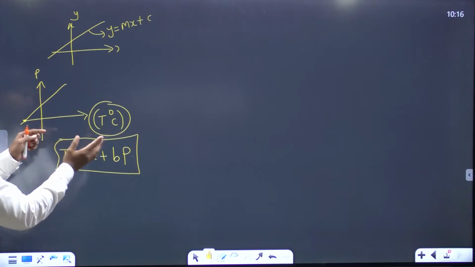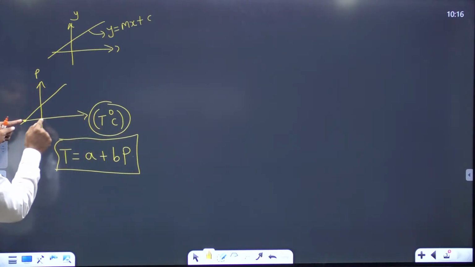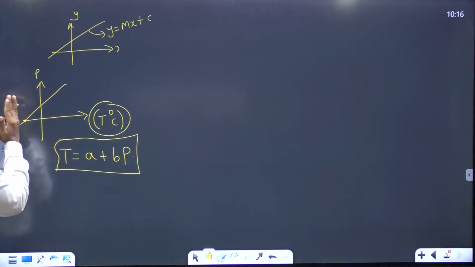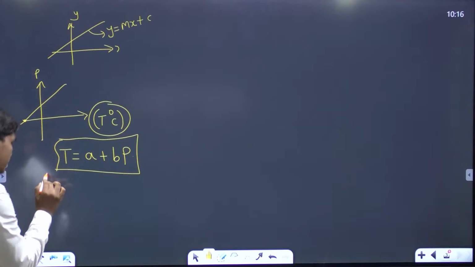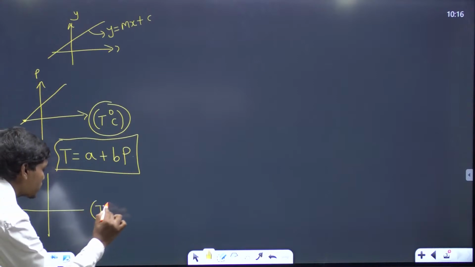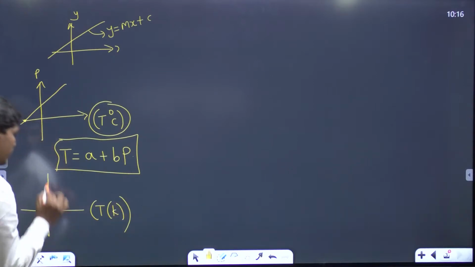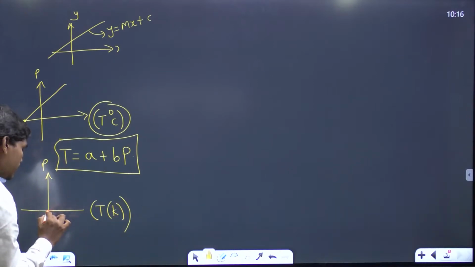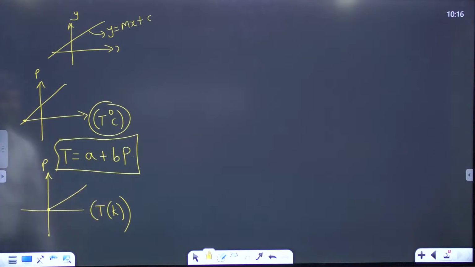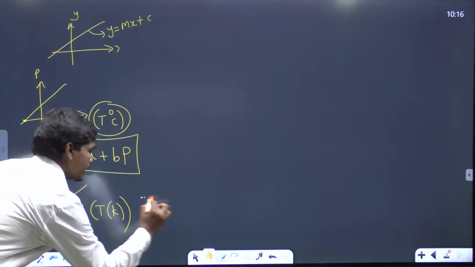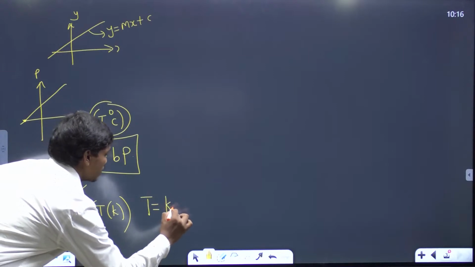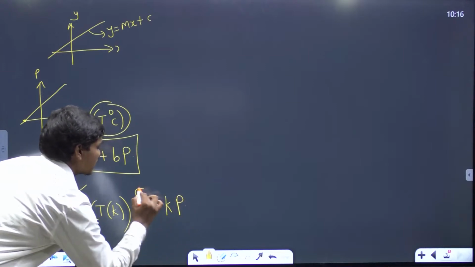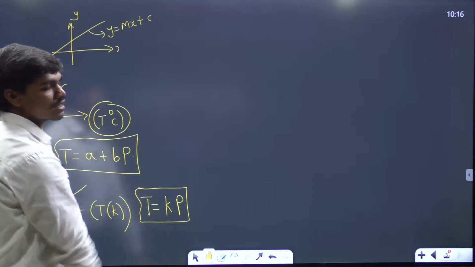Now suppose you write this scale in the Kelvin scale, then your horizon could be shifted here because this is the absolute zero in temperature Kelvin, correct? So if you plot this with respect to the Kelvin scale, with this being the pressure, you would get your line like this, because in the Kelvin scale this vertical axis has got shifted by minus 273.15. So this is the line, which means you'll get a relation T is equal to some constant into P, which means pressure and temperature are linearly related for gases.